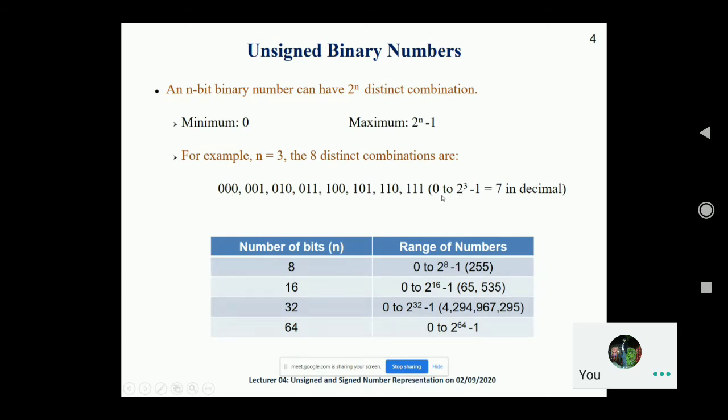So the range is 0 to 2 to the power 3 minus 1. 2 to the power 3 is 8, and minus 1 equal to 7. This 7 is represented as a decimal. So we are representing numbers from 0 to 7, but the total size for n equal to 3 is 8. So there are 8 distinct combinations.